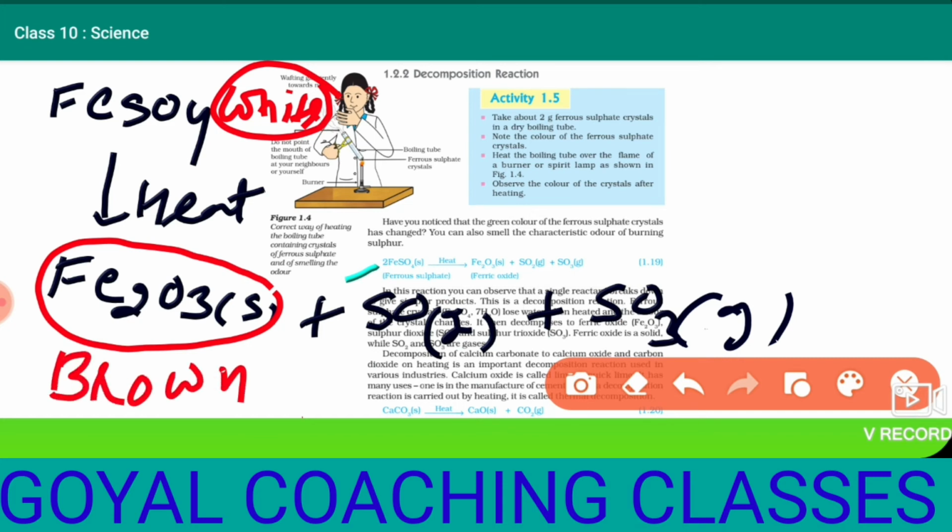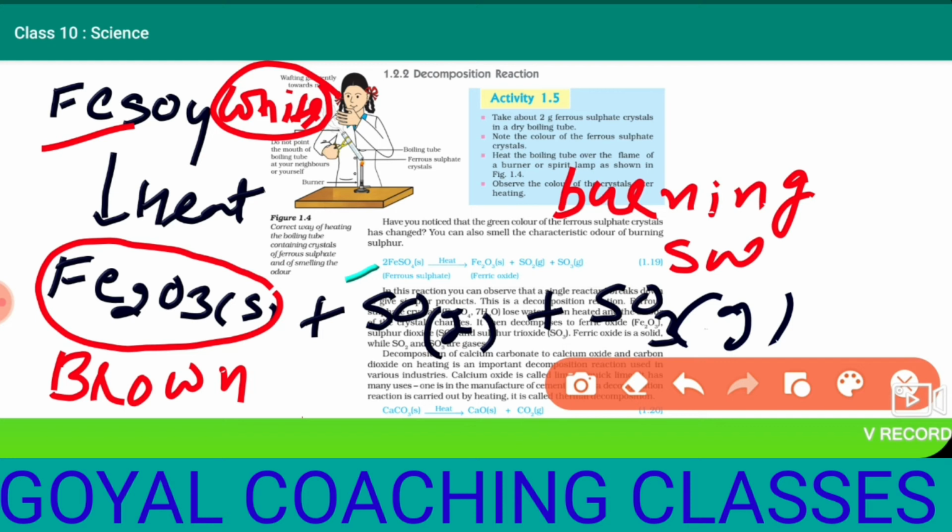After heating it will become brown, and they are asking you to observe the color of the crystal after heating, and they are asking about the smell also. When you heat this FeSO4, there will be a smell of burning sulfur. Just remember again, the ferrous sulfate crystal has a light green color.